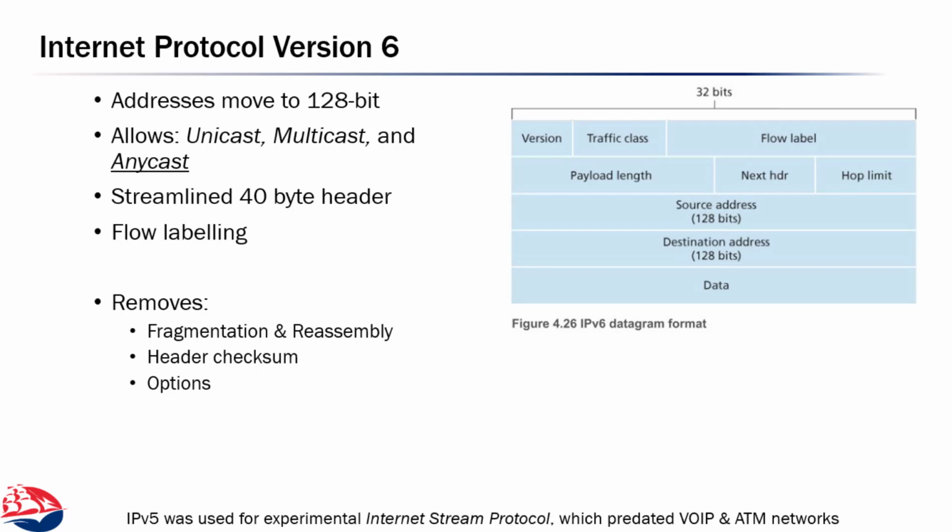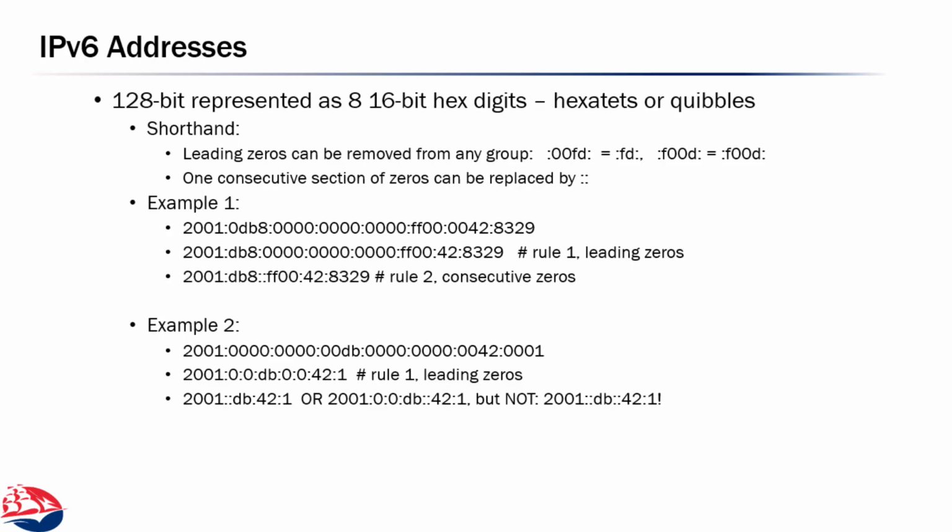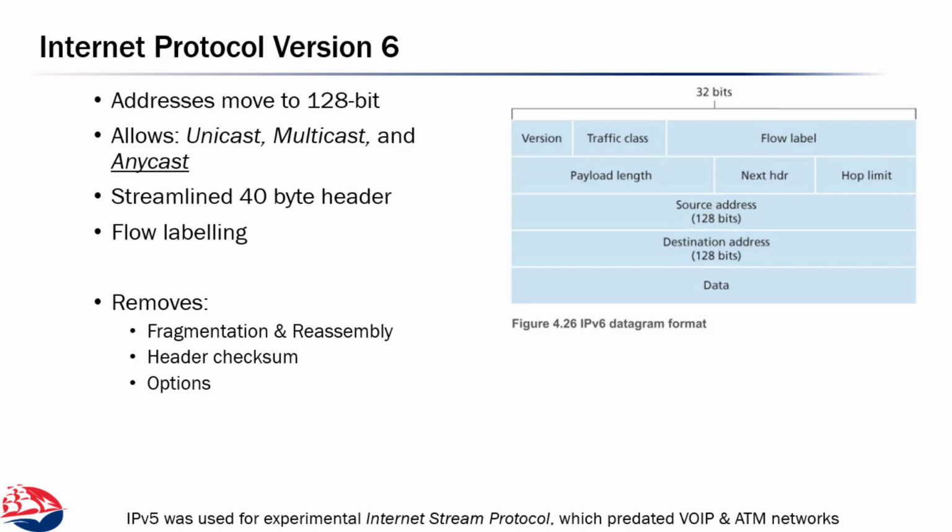So the first thing is we're going to move to 128-bit addresses. We maintain the ability to do unicast, multicast, and broadcast, but we also add anycast to our options. And if you remember from Part 2's lecture, anycast means that I can say I want to send to this IP address, but it could be any one of these computers.